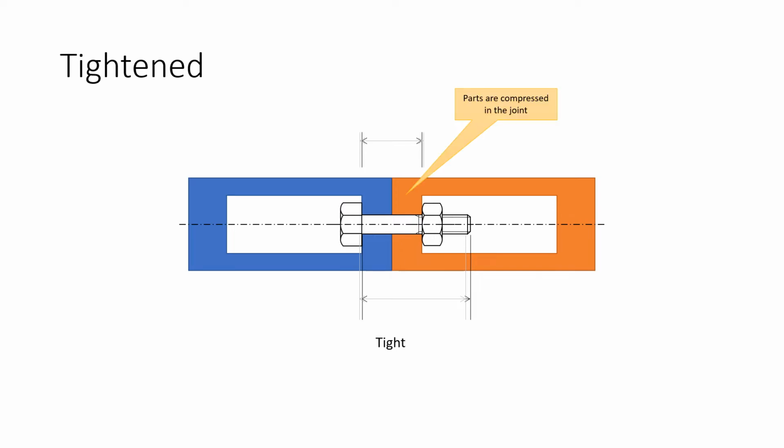So the parts are compressed in the joint, the bolt is stretched in the joint, that is, in the material between the head and the nut. Effectively a slightly longer length is used, but to first order you can just take the length between the head and the nut.